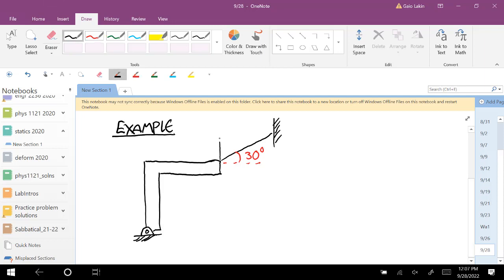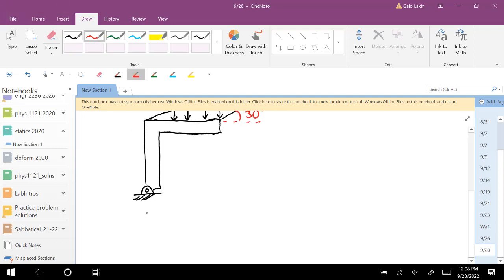And then there's also a distributed load. And this is 2,000 newtons per meter.